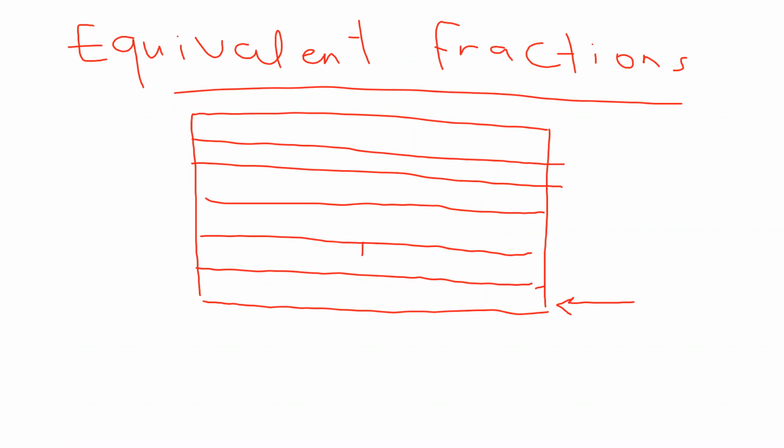But I'm going to divide this into 2 parts. And I'm going to divide this into 3 parts. And I'm going to divide this into 4 parts, this into 5, and this into 6. Okay?